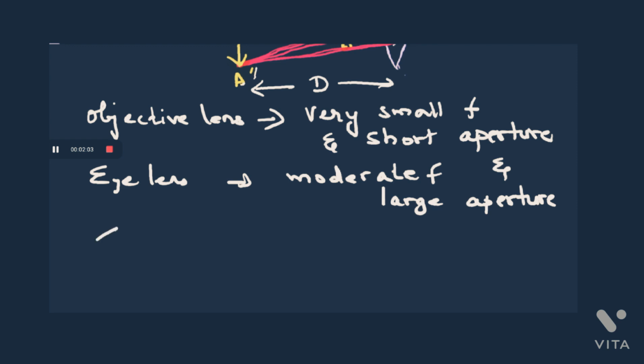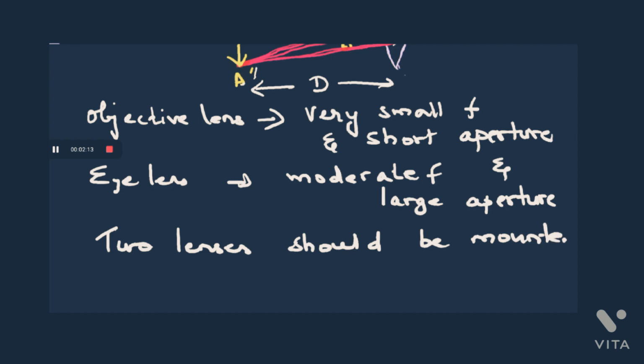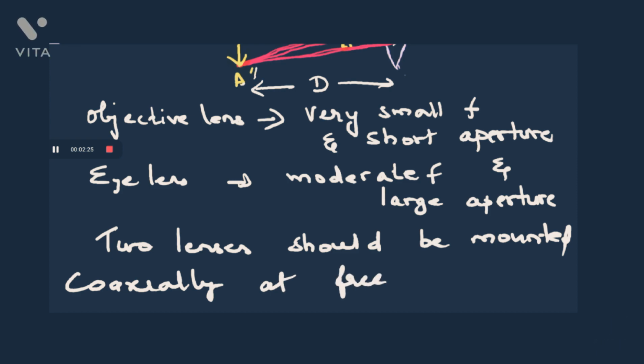And these two lenses should be mounted coaxially, that means the principal axis is common to them, at the free ends of the tube.